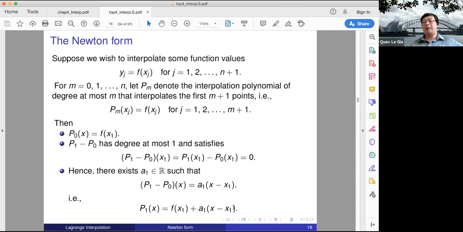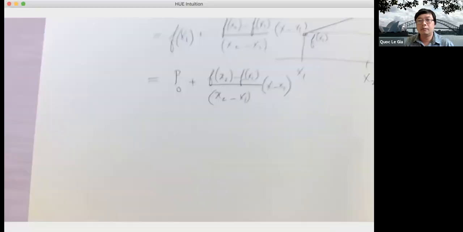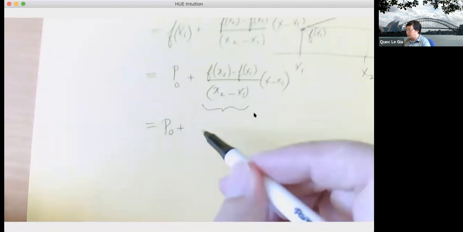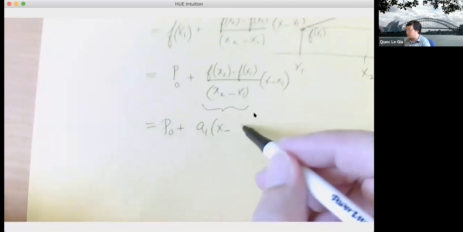Okay. Now how about P2? So remember, now what happened to P2? So I go back to my piece of paper. Okay, so now I have, well, this one I just write out as P0 plus A1 times (x minus x1).